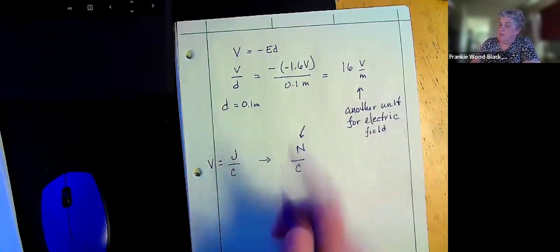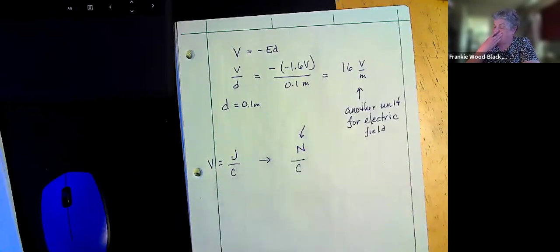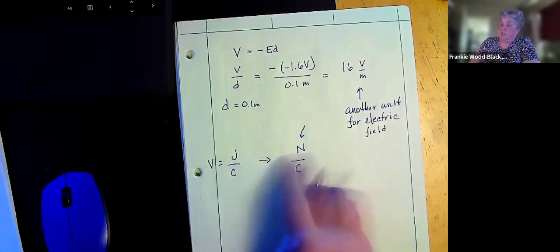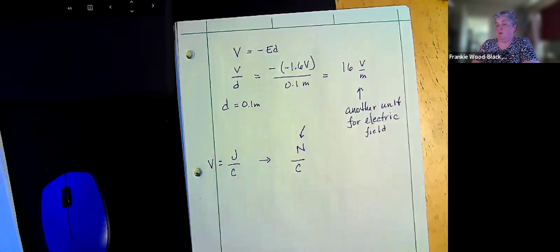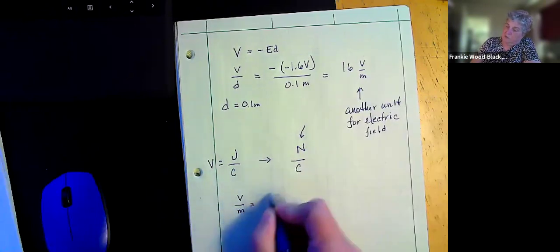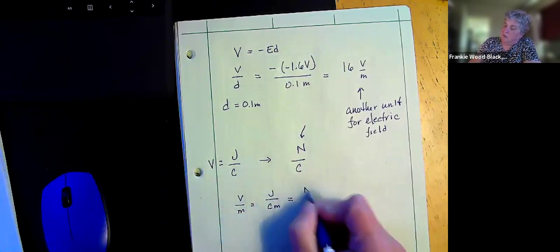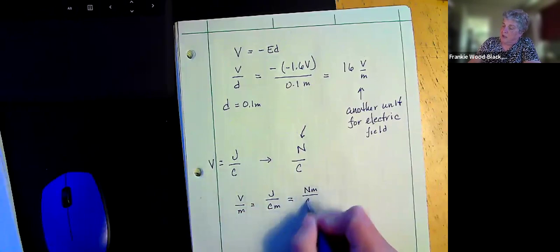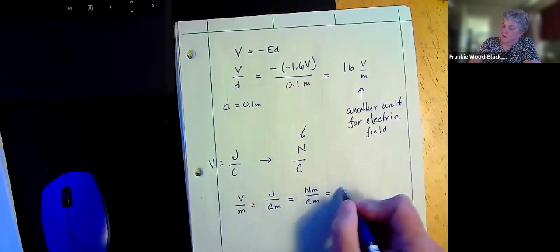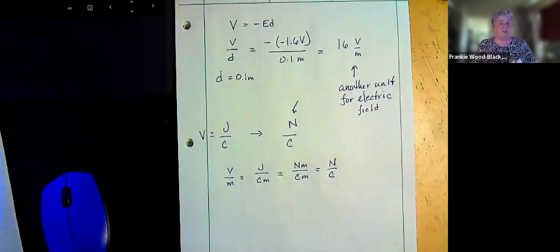I want to show that a volt per meter is the same as a newton per coulomb. So a volt per meter is equal to a joule per coulomb meter, which is equal to a newton meter divided by coulomb meter, which gives me a newton per coulomb. So we can show that our units are the same.